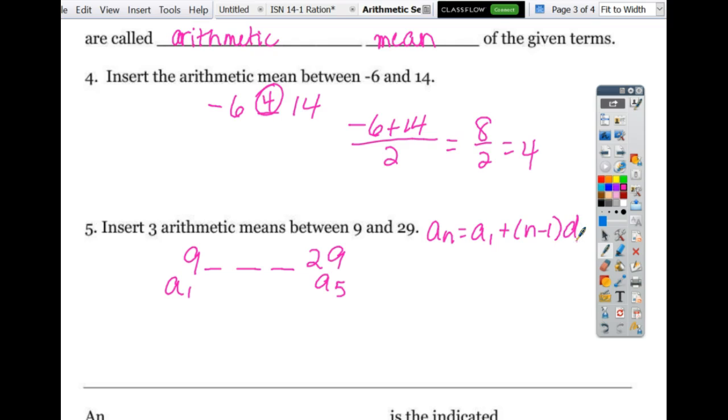Okay, so I have A sub n, which is 29. My A1 is 9. So my n is 5 minus 1. So D is the only thing I don't have. I got 5 from here. It's the 5th term.